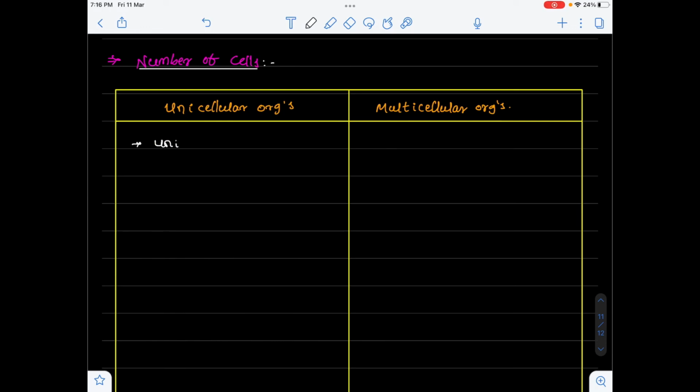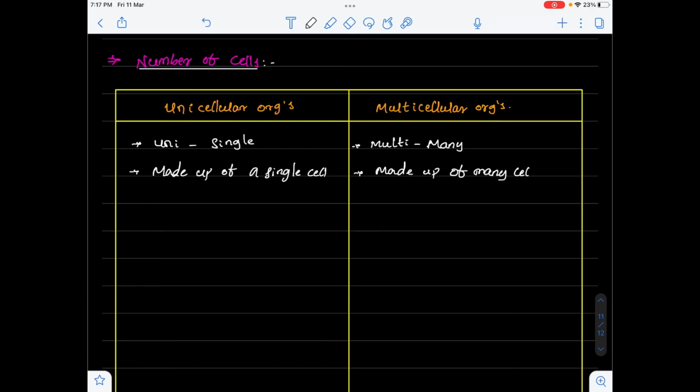Actually the term uni means single, whereas in multicellular organisms the term multi means many. Unicellular organisms are made up of a single cell, whereas multicellular organisms are made up of many cells.